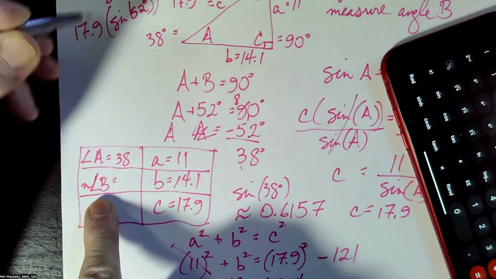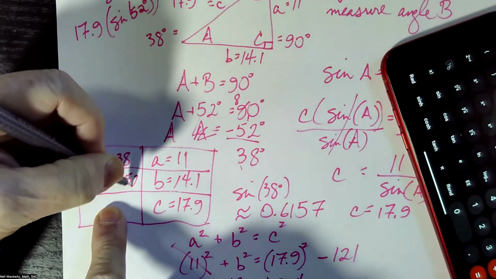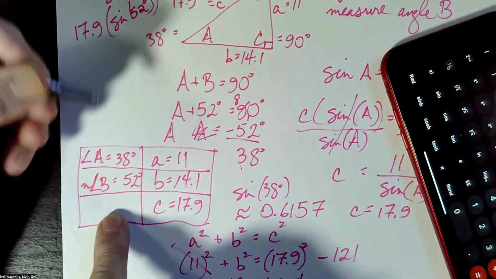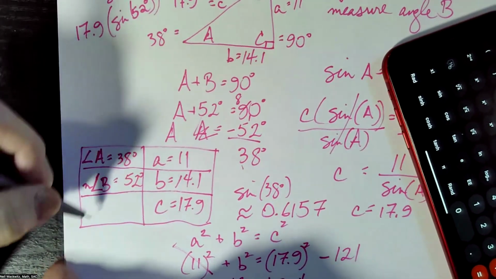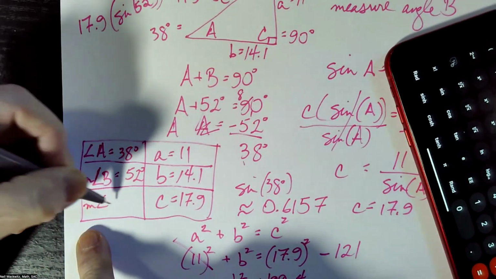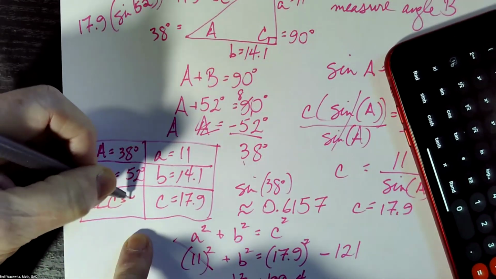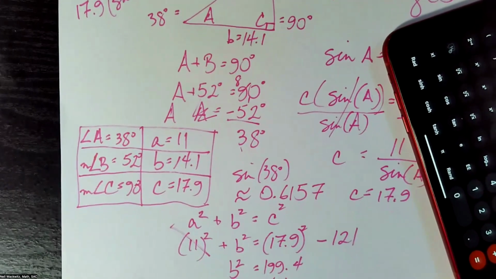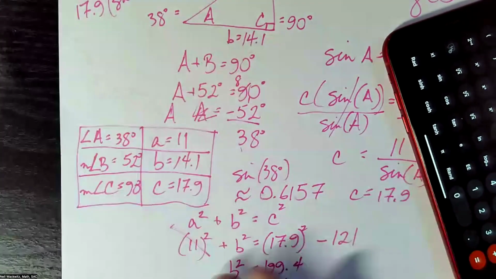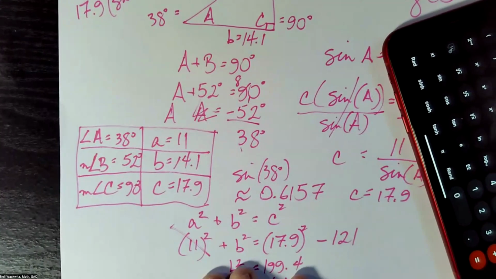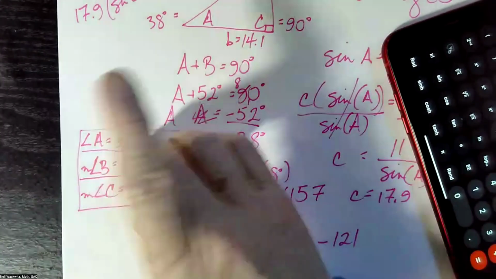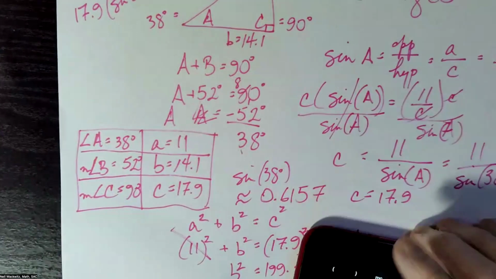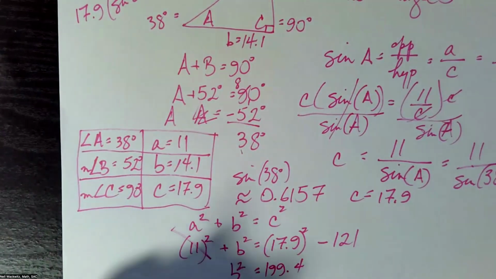Angle B is 52 degrees. Oh, yeah, okay. And the measure of angle C is 90. It may seem silly to list all this out, even though you know some of the information already, but doing this for every problem will make your life so much happier. Okay.